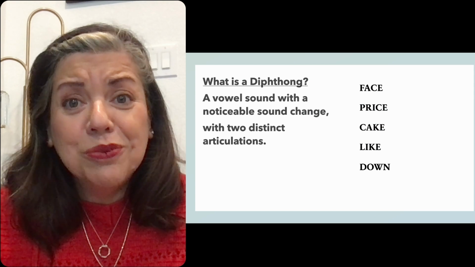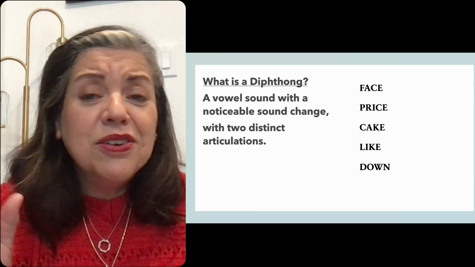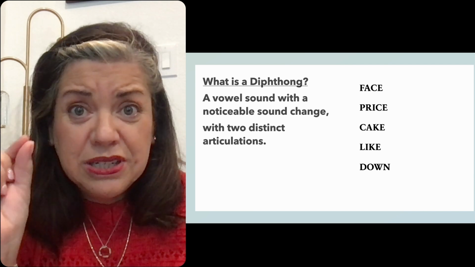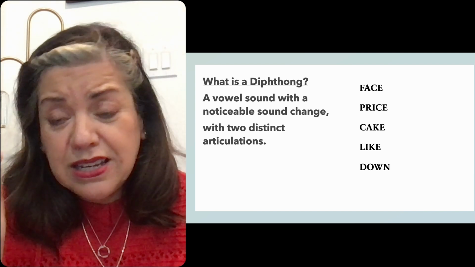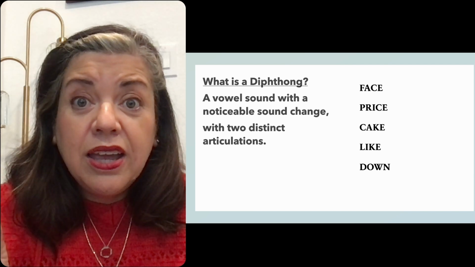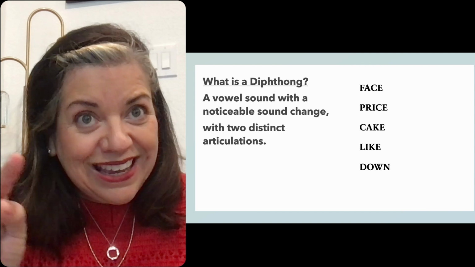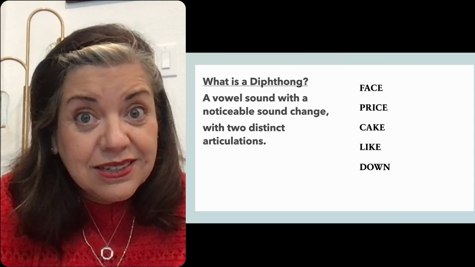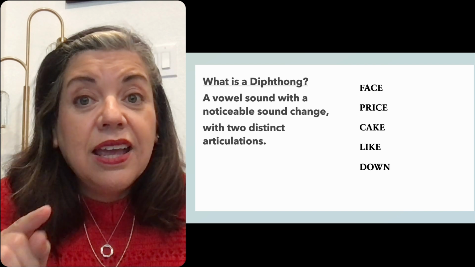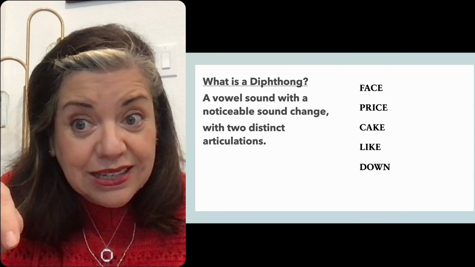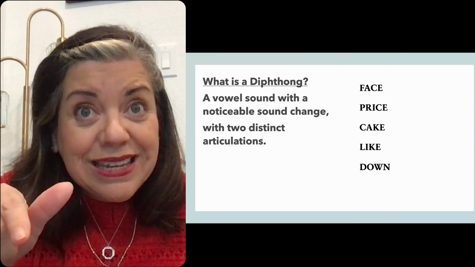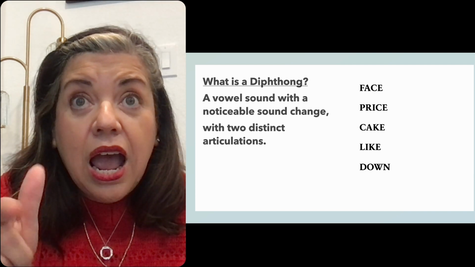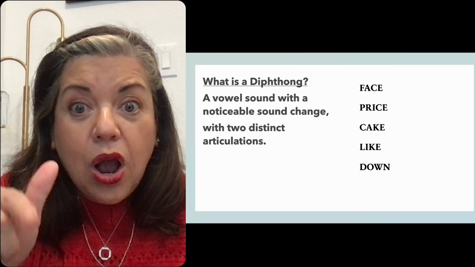If you're wondering what a diphthong is, it's when the vowel sound changes. For example, it might have 2 distinct articulations, like the word face, price, cake, and down, which has ow.